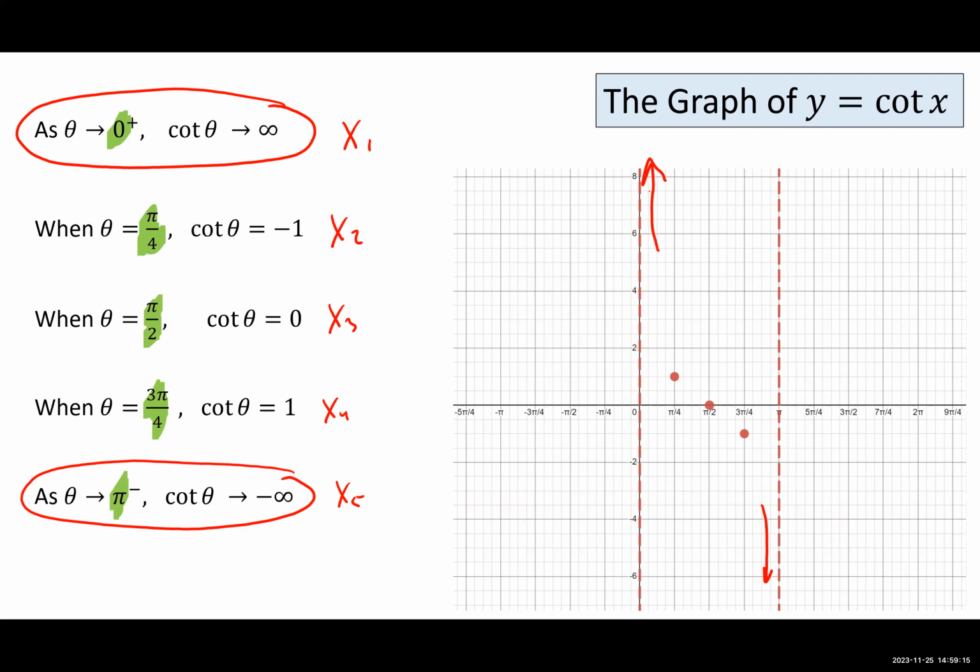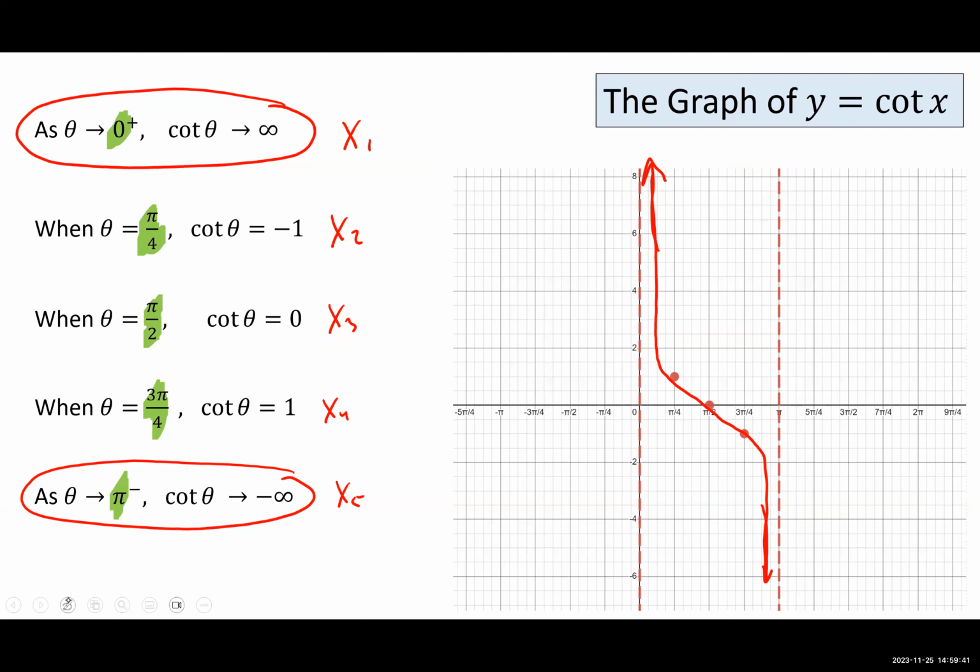And so the cotangent graph is going to do the same thing as the tangent graph. It's going to hit these 3 points. Same shape as the tangent graph, just a reflection. And we're going to graph more complicated versions of the cotangent graph in exactly the same way.